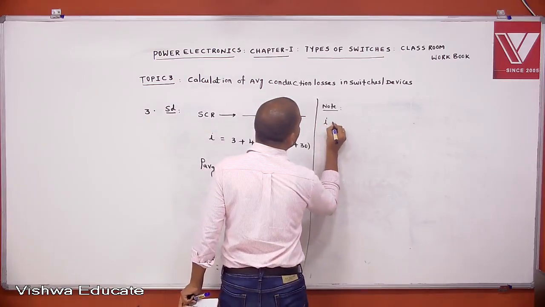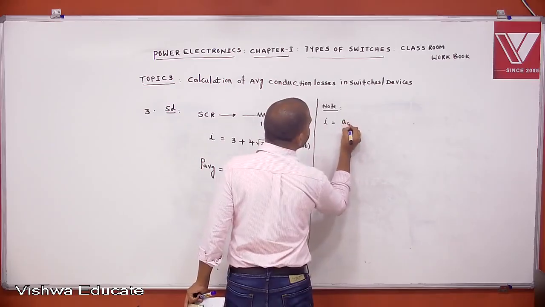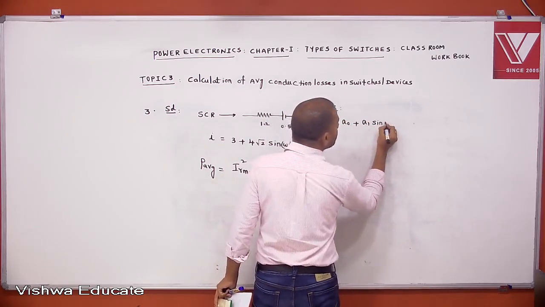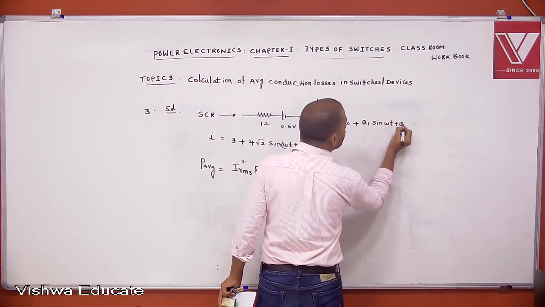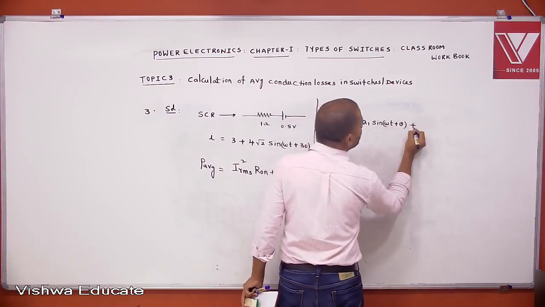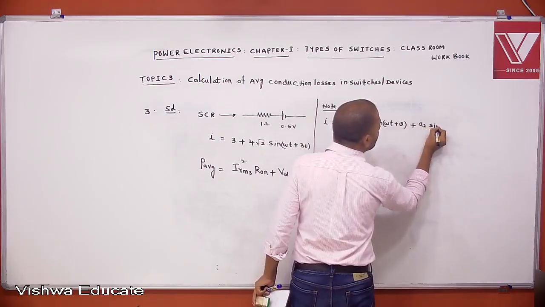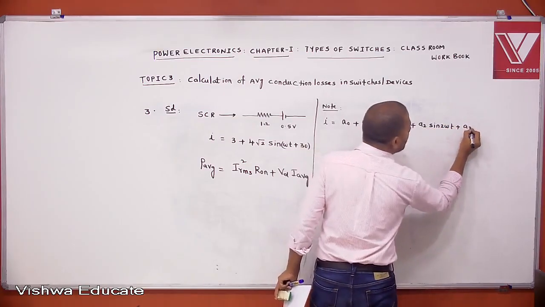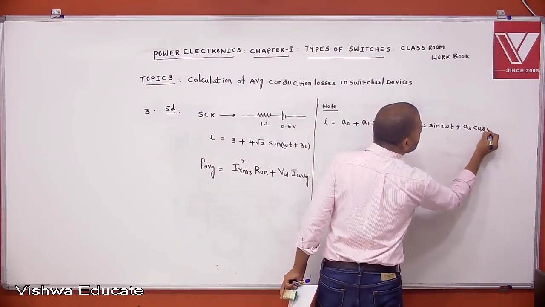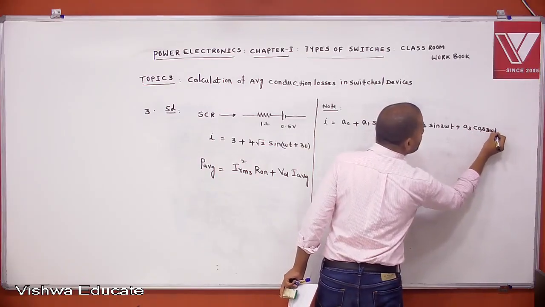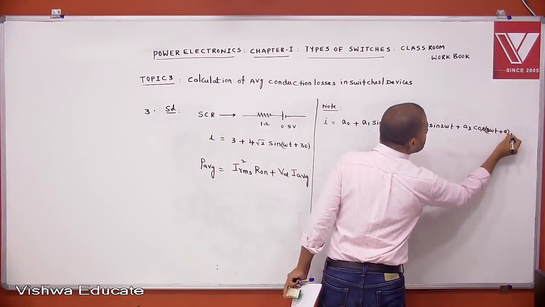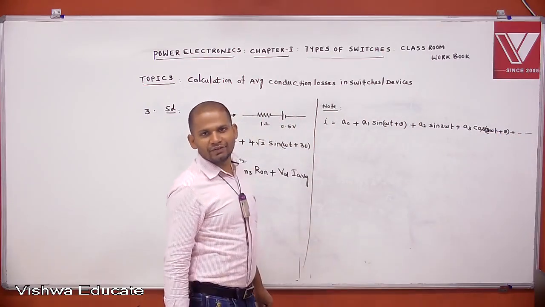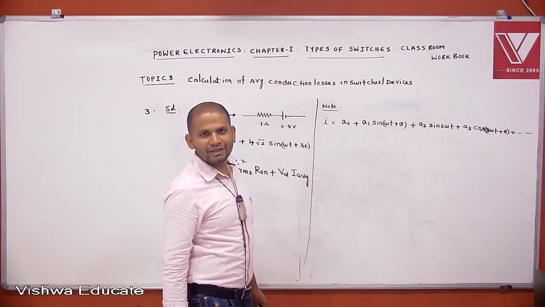If i equal to A naught plus A1 sin omega t plus theta plus A2 sin 2 omega t plus A3 cos 3 omega t plus theta and so on, for this type of current or voltage signal, where the equation is given.